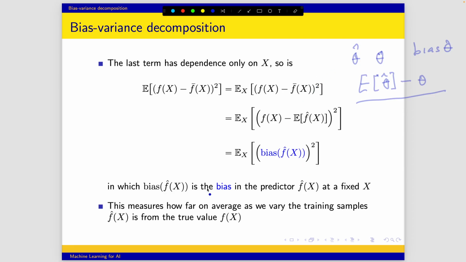So it measures how far on average this estimator is from the true value. In our case, how far on average our predictor is from the true value. So, importantly, it's the thing inside which we're squaring. So this is the bias. So what we've got is the square of the bias, or the bias squared.